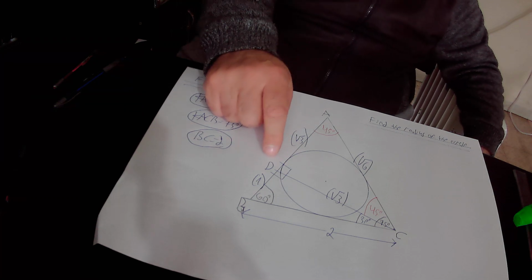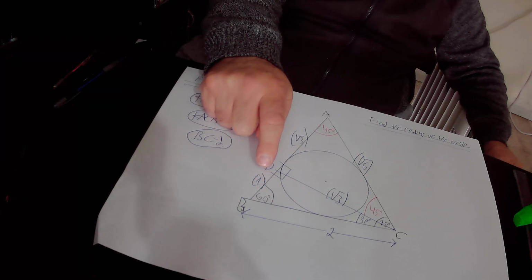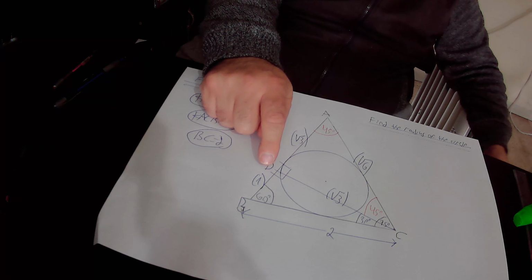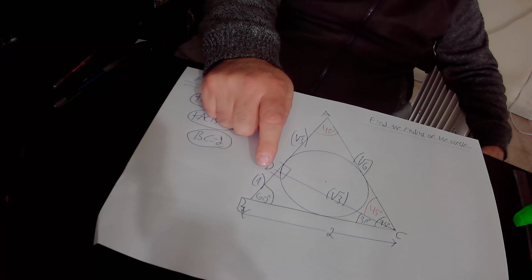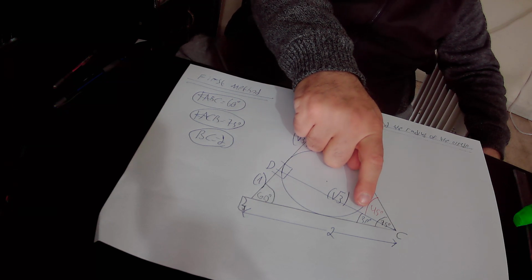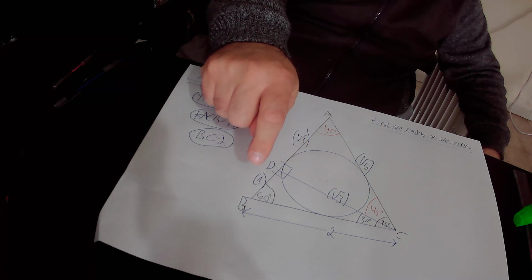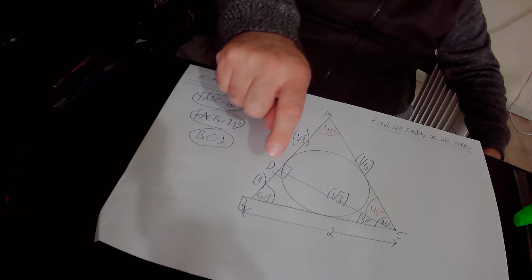So in the right triangle DBC, this angle equals 60 degrees. This angle equals 90 degrees. 60 degrees plus 90 degrees, it is 150 degrees. So the missing angle here must be equal to 30 degrees, in order to complete the sum of the angles in the right triangle DBC to 180 degrees.